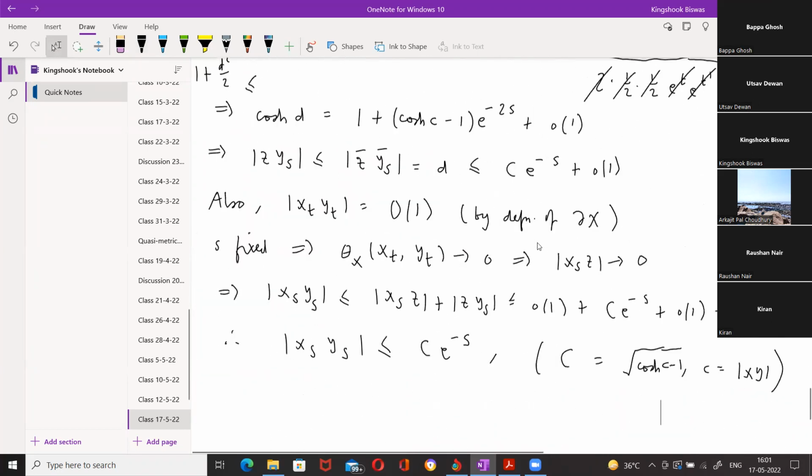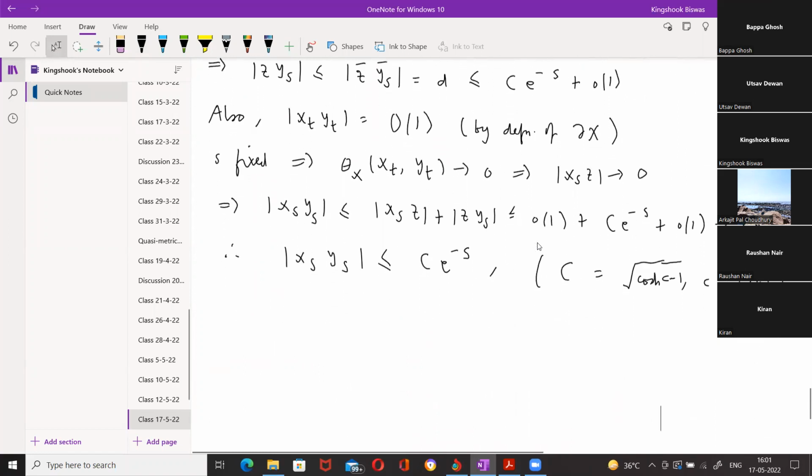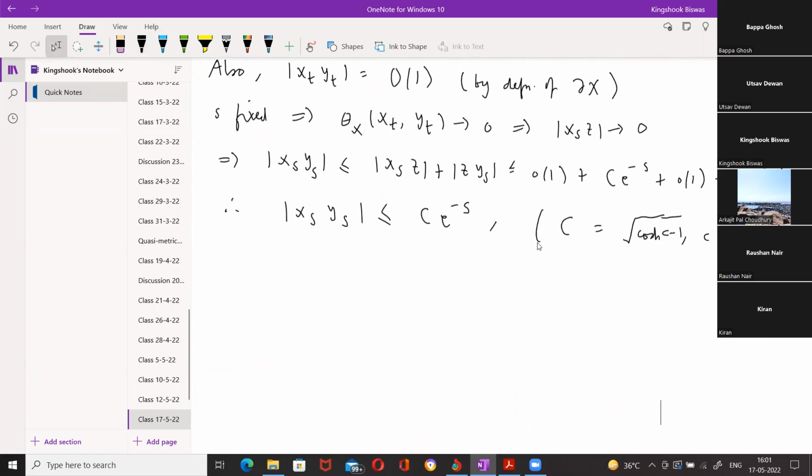So this tells me that since these geodesic rays are asymptotic, any two geodesic rays ending at xi, the distance between them will go to 0. Okay.